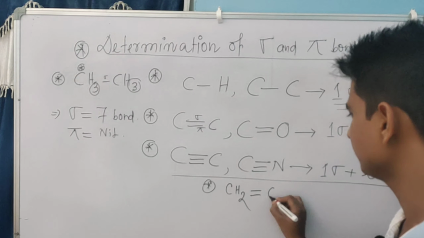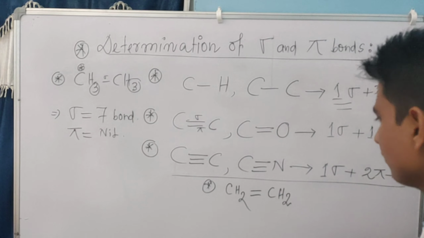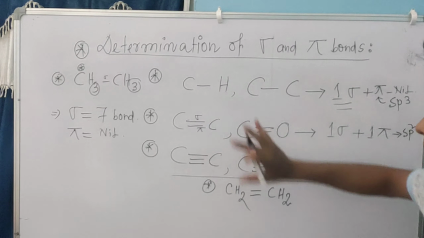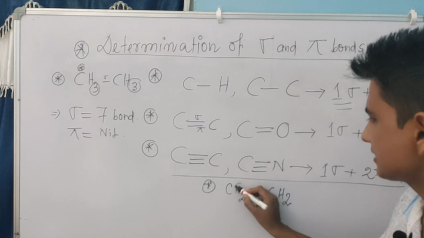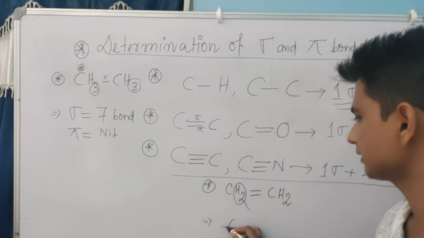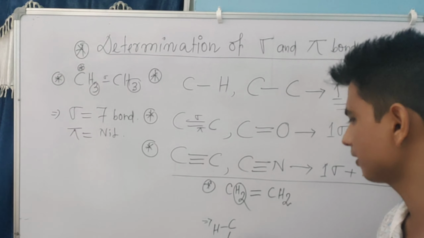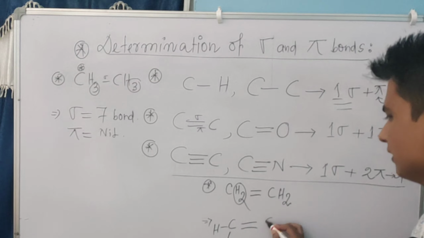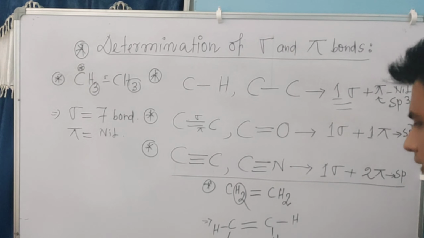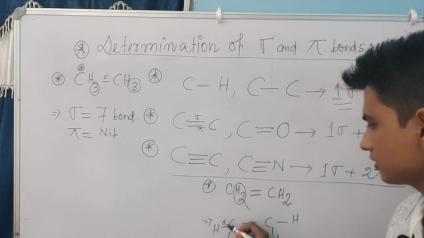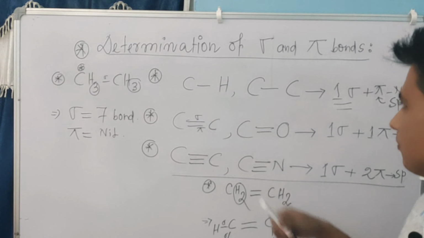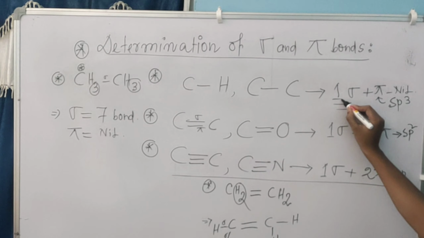CH2=CH2. Now how can we identify the number of sigma and pi bonds? Based on this formula, first write down the complete structure for this molecule. It will be very helpful for finding the number of sigma and pi bonds. Now this CH bond is sigma, this CH bond is sigma, so the number of sigma bonds is 1 per bond.